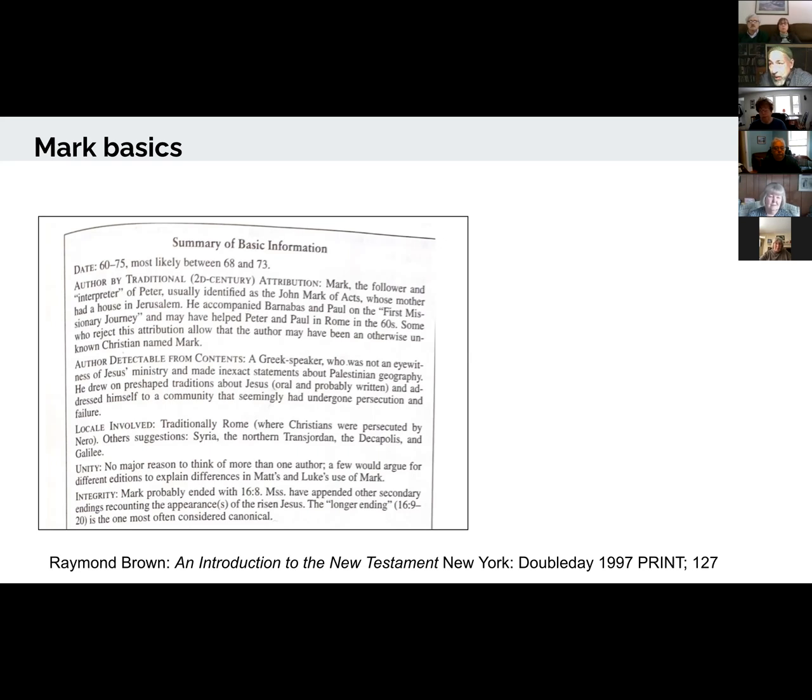One thing about Mark that I want to mention is that in some ways the Gospel is like the crib notes. He doesn't go into a lot of detail when he writes. He writes very straightforward and unembellished prose.